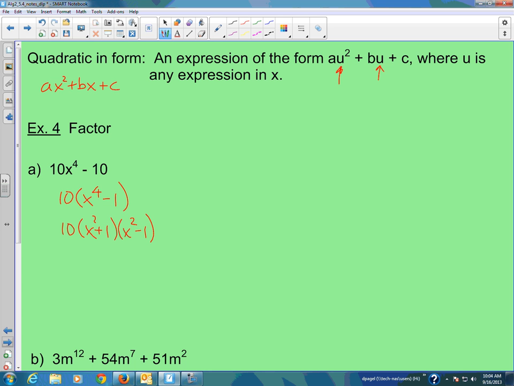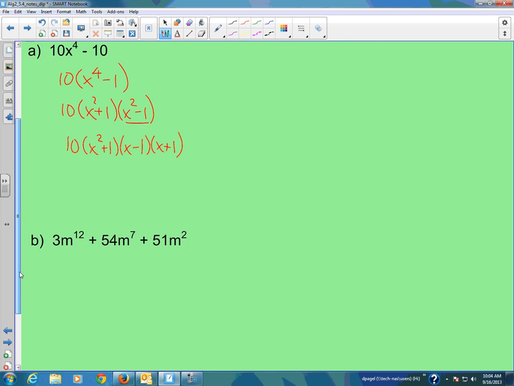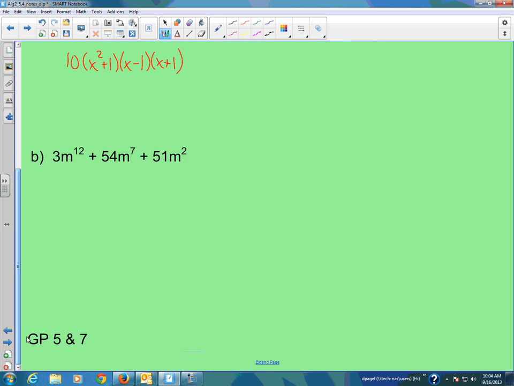And then I notice x squared minus 1. There's another difference of two squares. So we get x squared plus 1, and then x minus 1, x plus 1. How it could have been quadratic in form is you could have substituted something in for x to the 4th. And we're going to talk about that in this next problem, because this next problem lends itself a little better to seeing substitution.